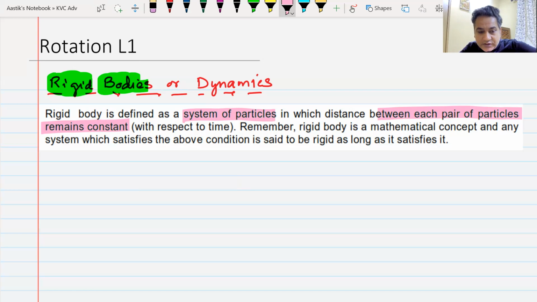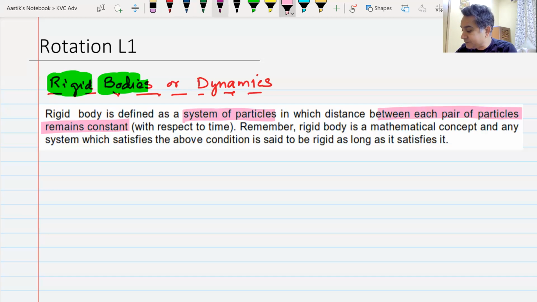No matter how the body moves, the distance between any two particles, any 2 points, must remain the same. Do we understand this? That is actually what we mean by a rigid body. It should not change its size and shape, but the better way is that whatever happens with that body, the distance between any 2 points on that body should not change.